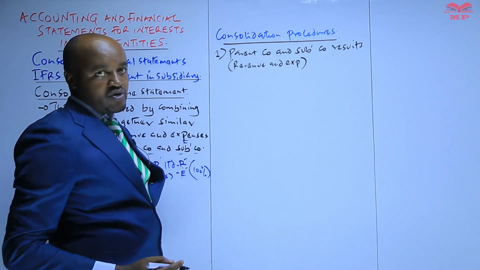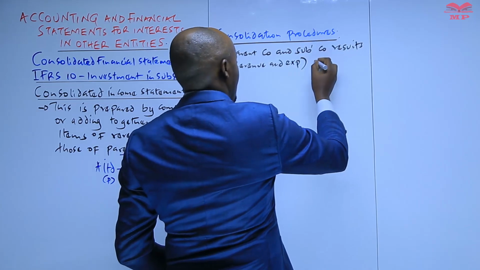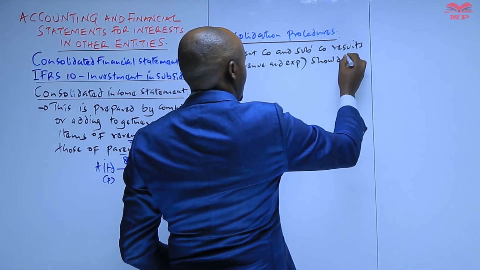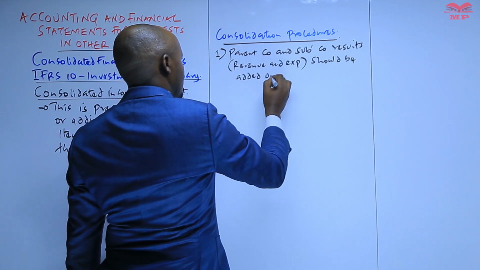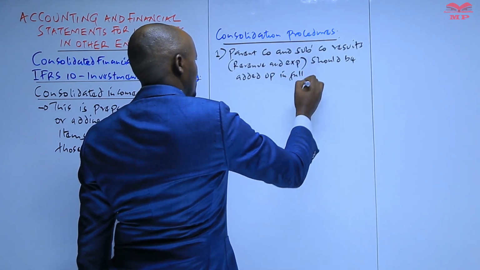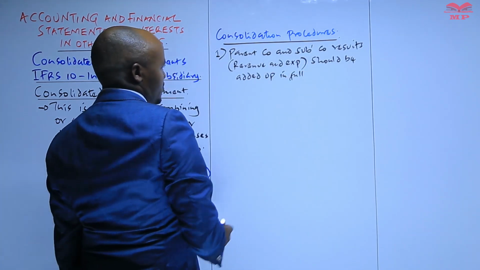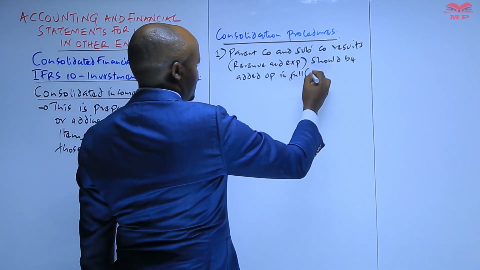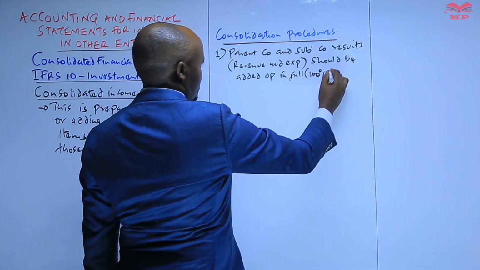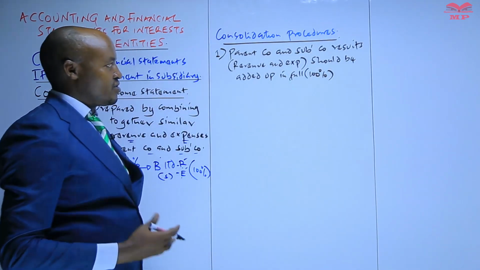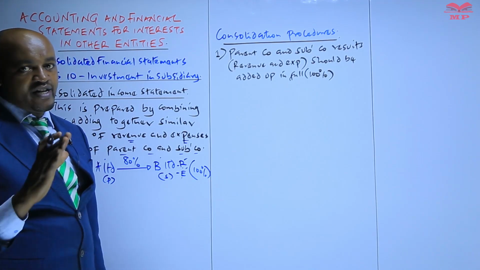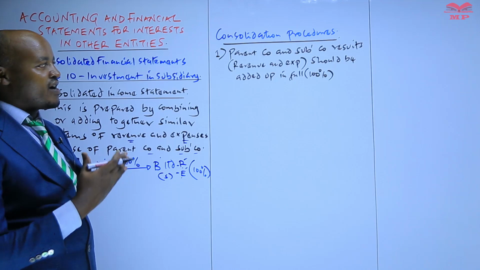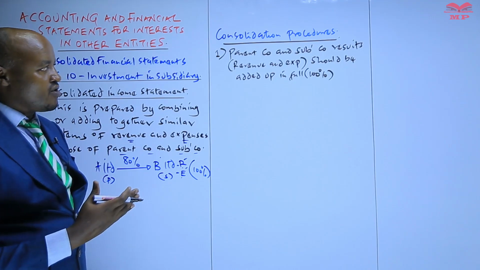Those of the parent and those of the subsidiary should be added up in full. So in full means what? In full means that when taking into account the revenue and expenses of both the subsidiary and the parent company, you take 100%, even if the parent company does not have a 100% shareholding in what?